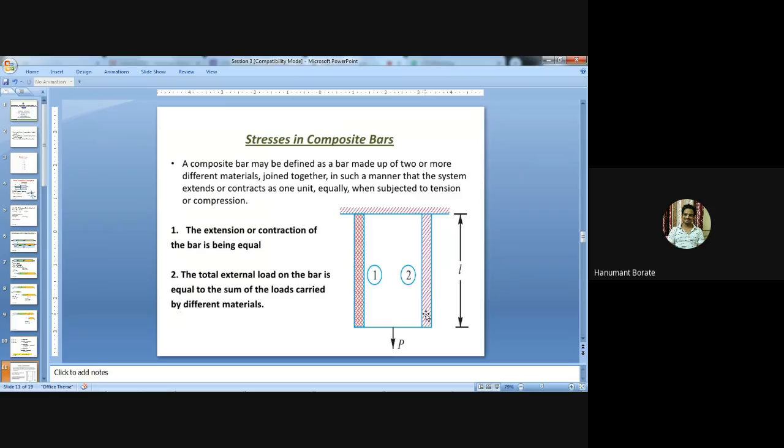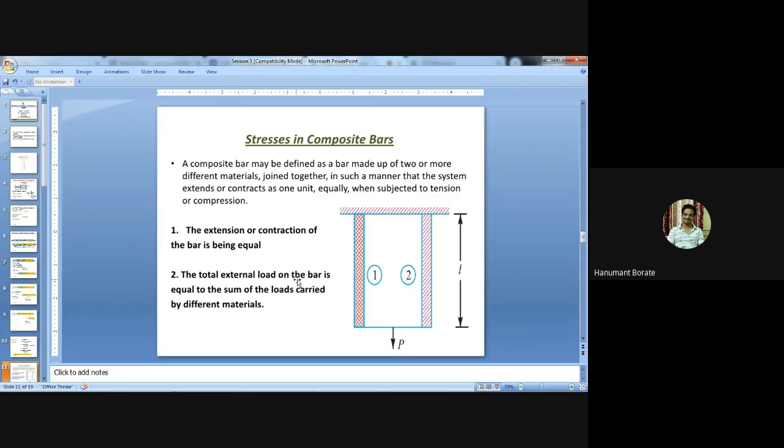Obviously rubber is going to extend more, but we connect the materials together in such a way that we get equal deformation of the two materials. This is the basis of a composite member.